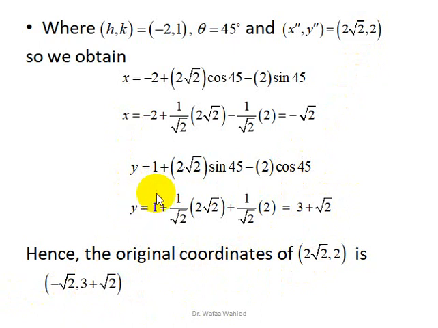X and Y are the original coordinates of the point B, H and K are the coordinates of the new origin, theta is the angle of rotation, and X double dash and Y double dash are the new coordinates of the point B. In this example, we want to find the old coordinates of the point A. Original coordinates or old coordinates of the point A is given by this point. Thank you.